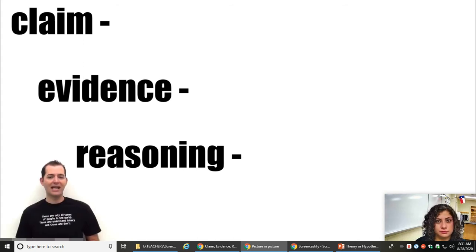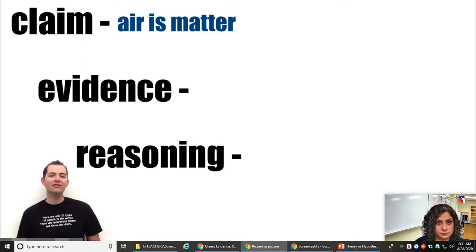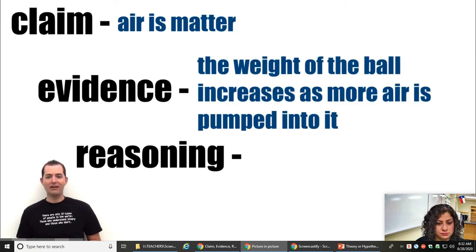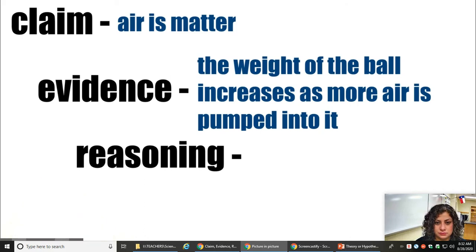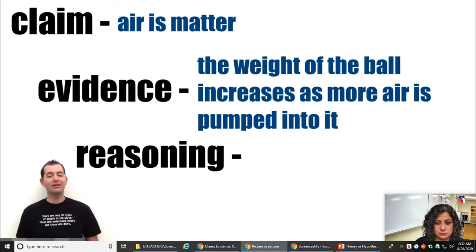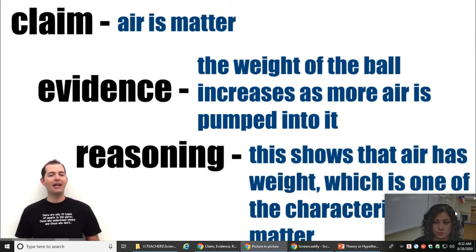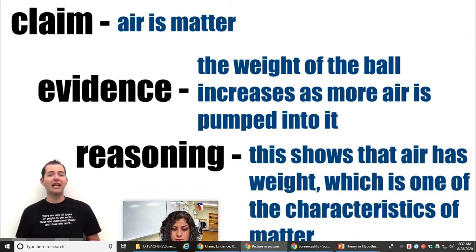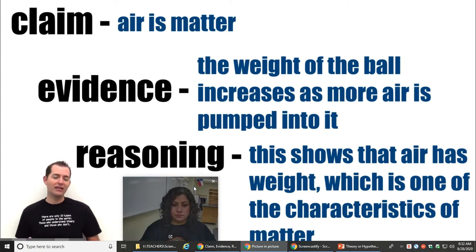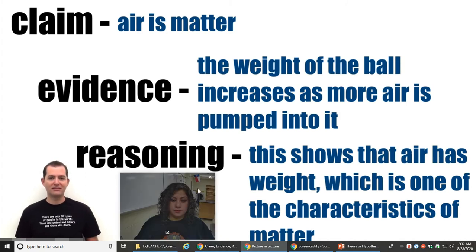The claim would be, air is matter. The evidence or the data from the experiment would likely be that the weight of the ball increases as more air is pumped into it. The reasoning or the scientific principle that shows how the evidence supports the claim might be, this shows that air has weight, which is one of the characteristics of matter.